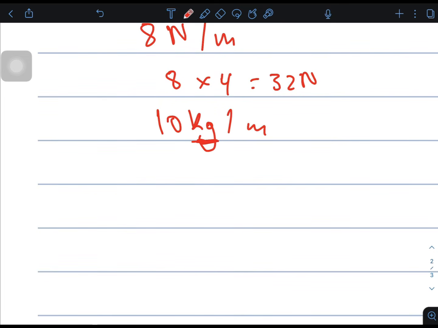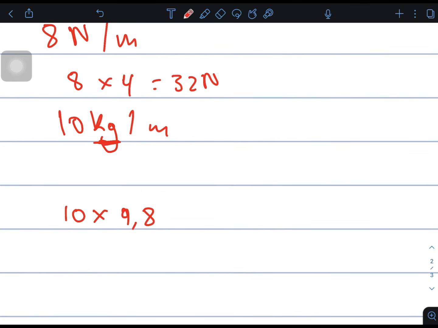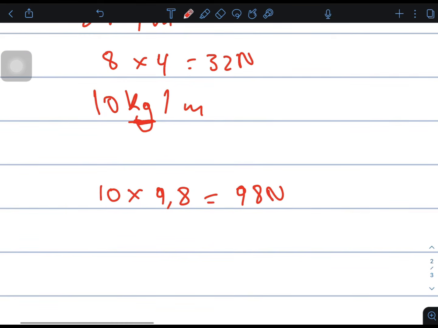So I'm going to say 10 times 9,8, because the load is the weight. That is going to be 98 newtons per meter.